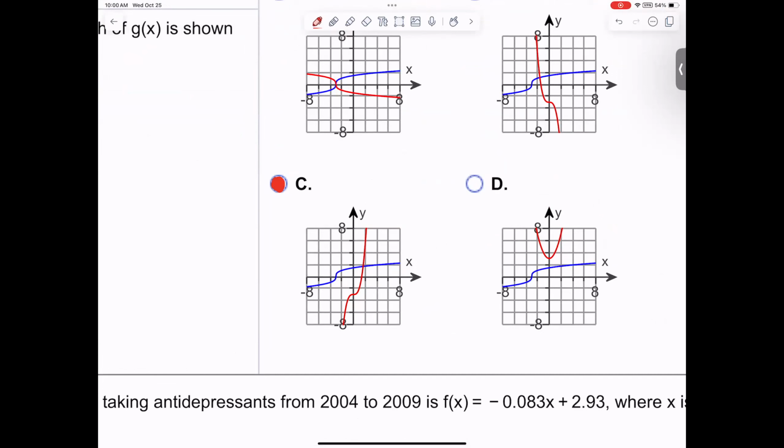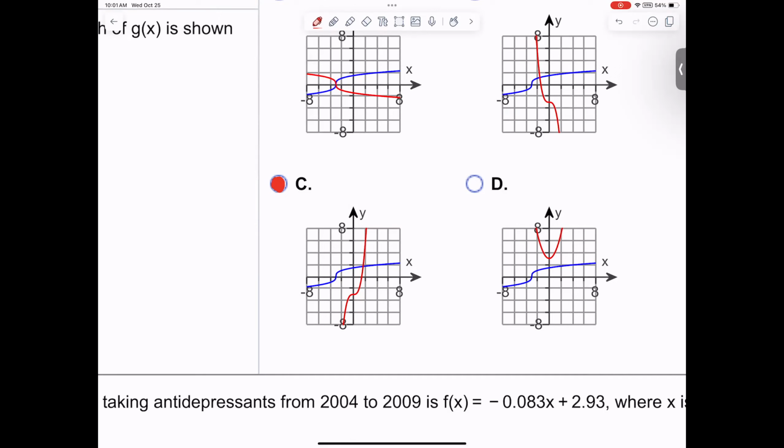A function and its inverse, when graphed, are symmetric about the line that's 45 degrees and goes through the origin. So the line Y equals X. So I should be able to take the blue graph and rotate it around that line and get an identical graph in red, which I do.